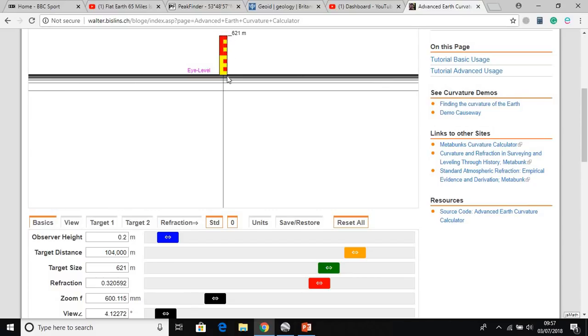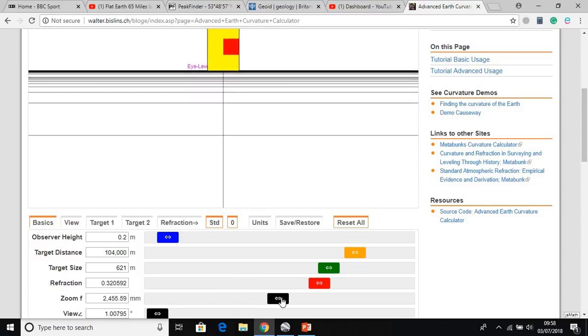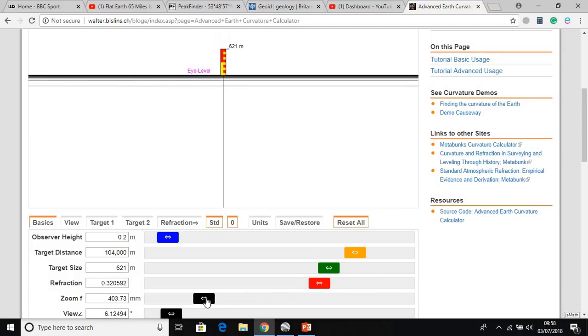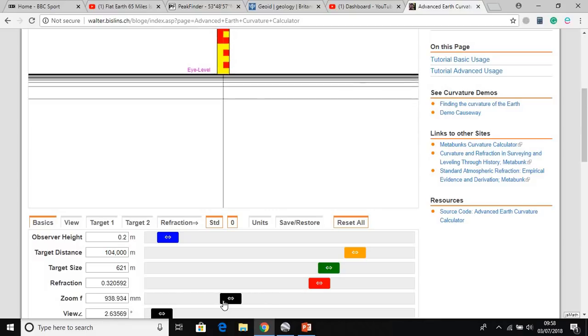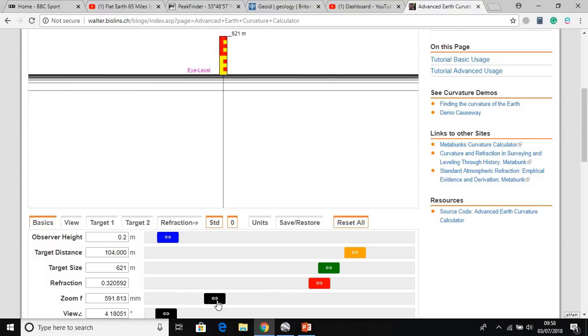Full 620 meters is visible. The same amount of zoom, obviously we can zoom in closer and zoom back out, but the whole block is visible regardless of the amount of zoom there. 621 meters visible above the horizon.